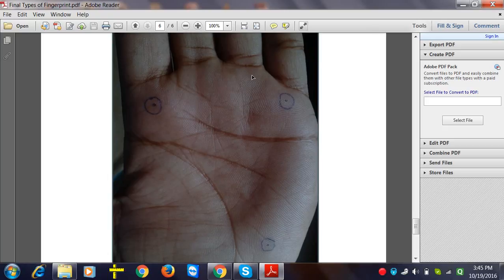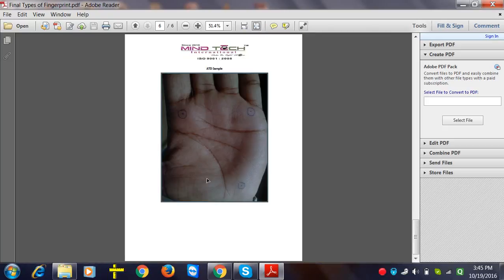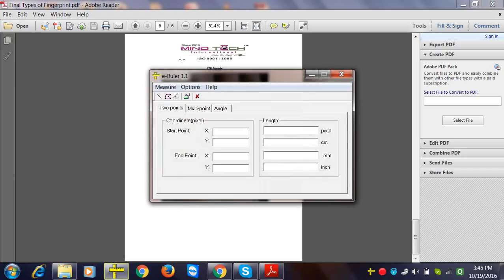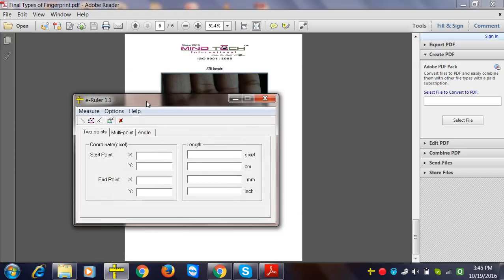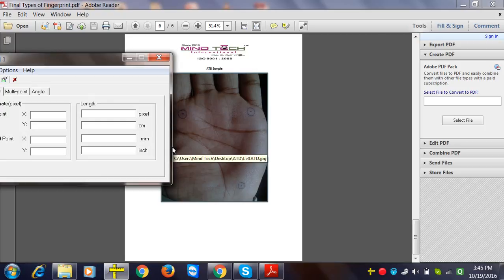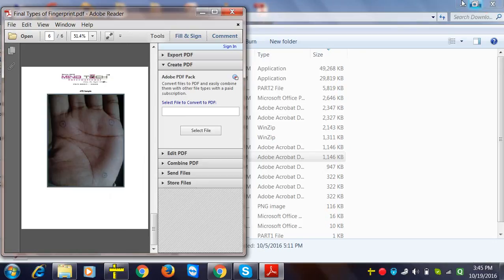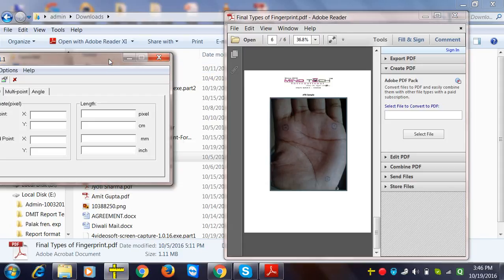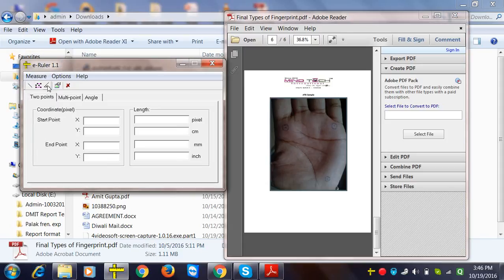And how will you count the ATD? We have this e-ruler software. Let's say suppose you have to count an ATD. What you have to do is click on the angle.